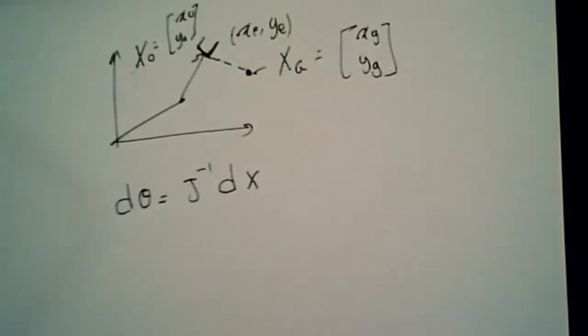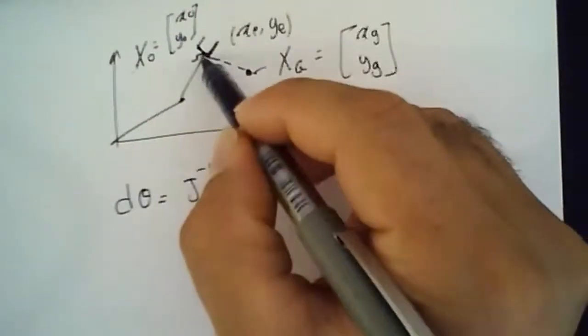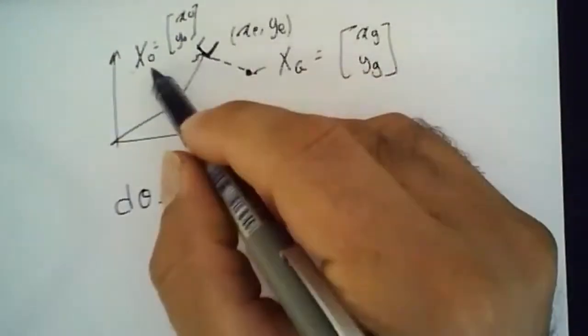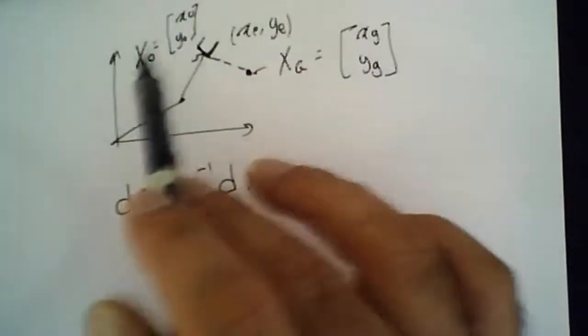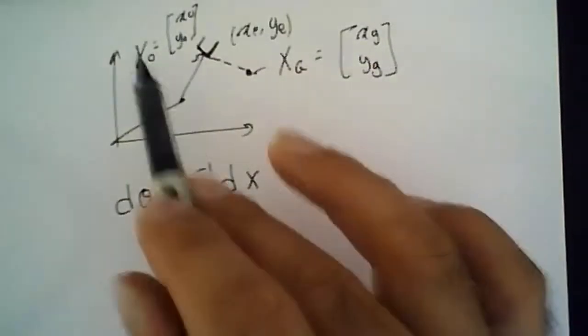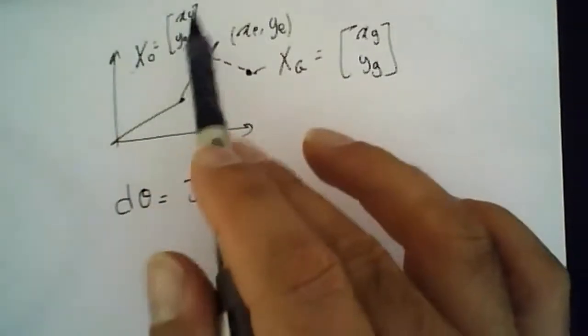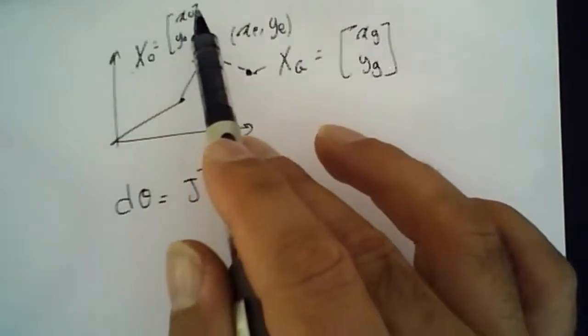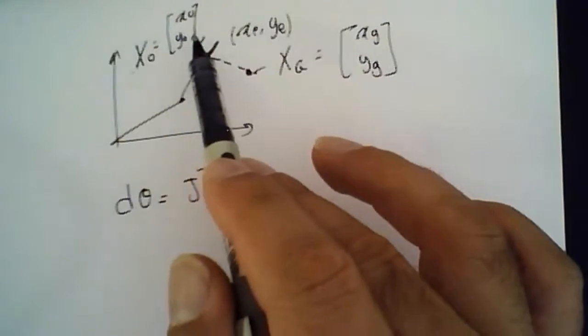If the robot end effector is at this point x0, I cannot directly solve what theta 1 and theta 2 are, but I can solve if x0 moves by a little bit, so x0 plus dx, and y0 moves to y0 plus dy.